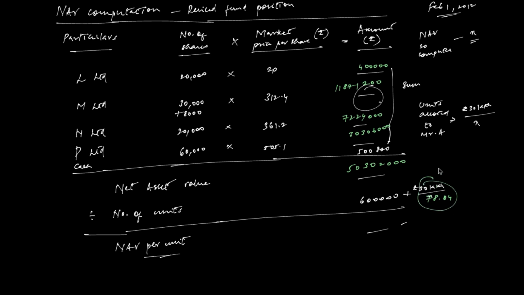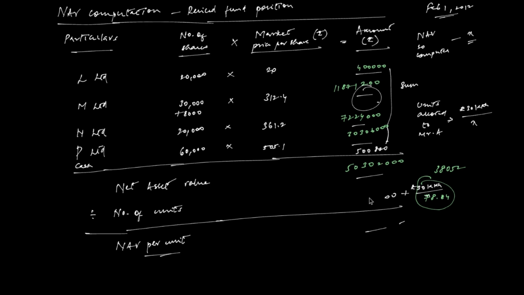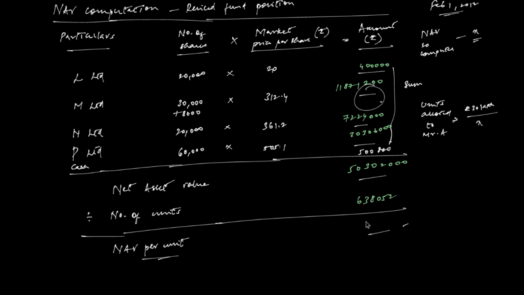So 6 lakh plus 38,052 is 638,052. So 50,302,000 by 638,052 is 78.84 again.